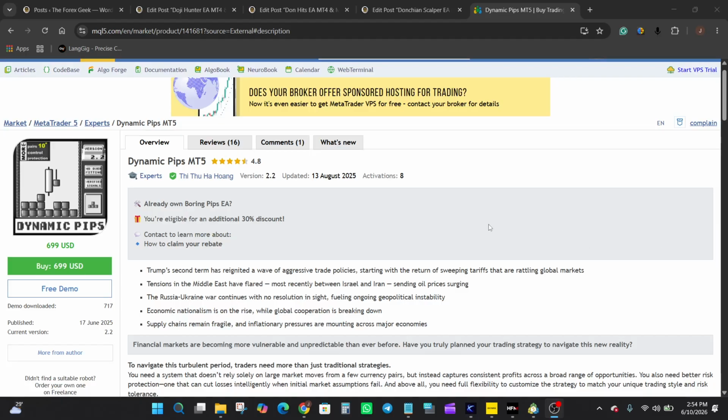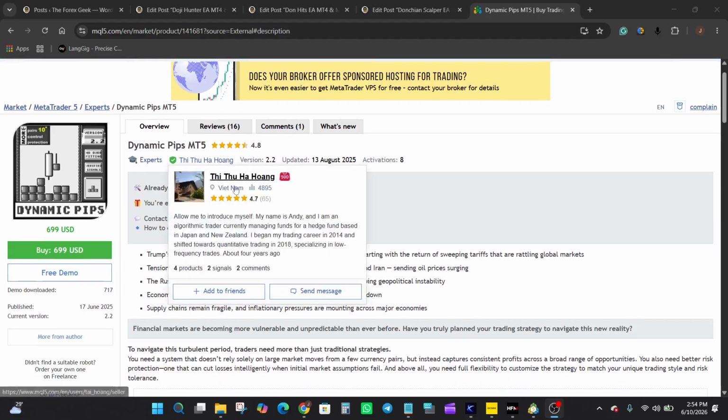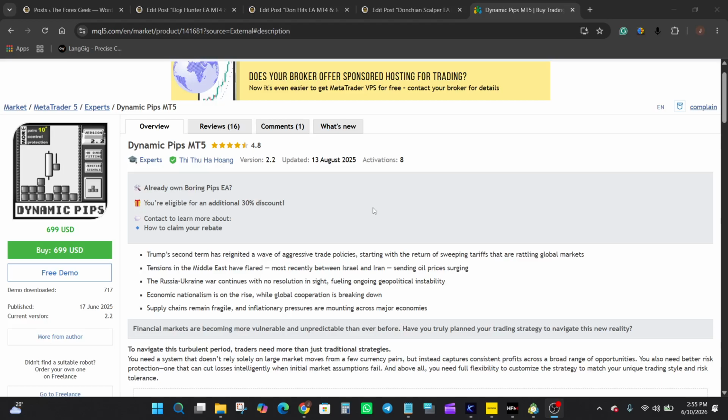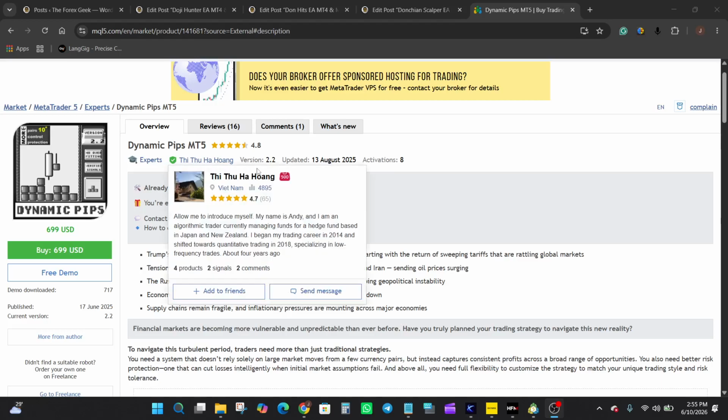Alright, so on my screen right now I am looking at the MQL5 marketplace page for the Dynamic Pips EA, and I can see this is developed by T2 Ha Huang.